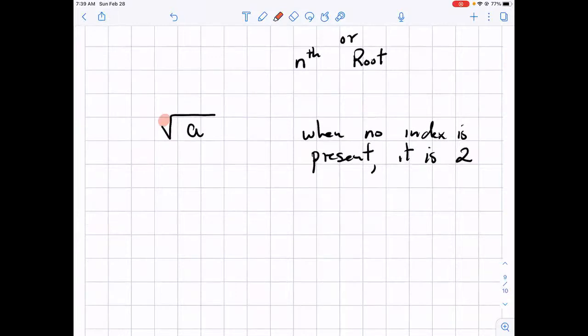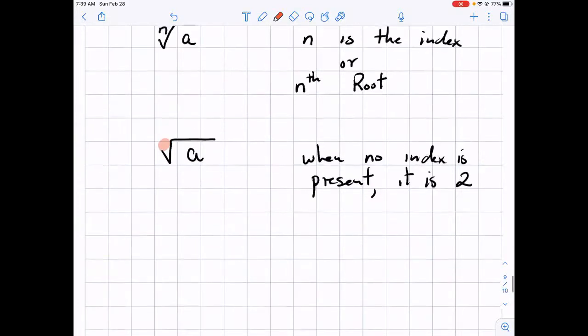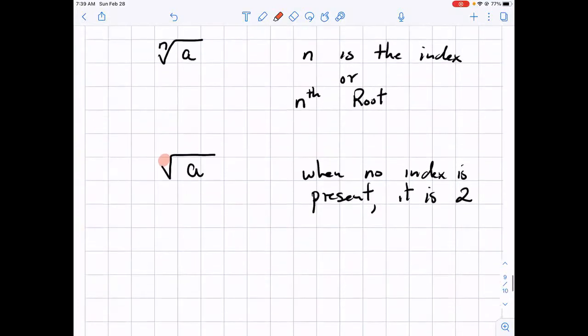It's understood that you have an index of 2. And when I did my video on complex numbers, you saw that if the index is even, the radicand, A is called the radicand, cannot be negative.